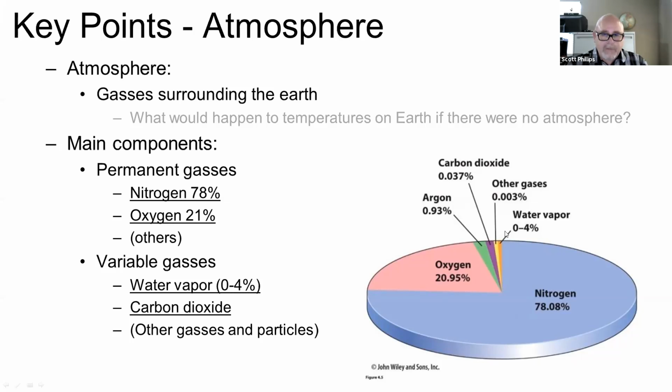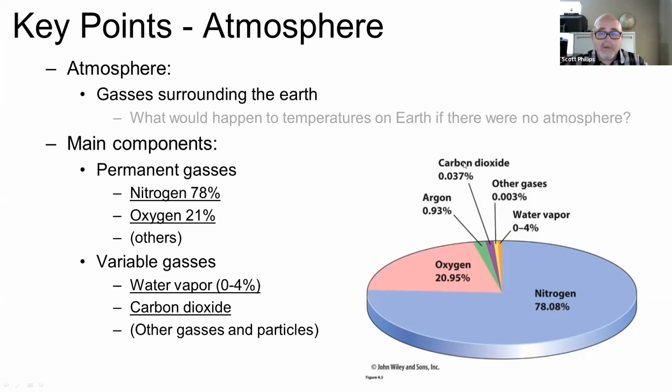Now, much smaller percentages are the variable gases. I'll go with the top two here again: water vapor, which can vary from 0 to 4% of the atmosphere at any given time, and carbon dioxide, which varies in how much is in the atmosphere over time. That one's going to be important because we're going to come back to it.